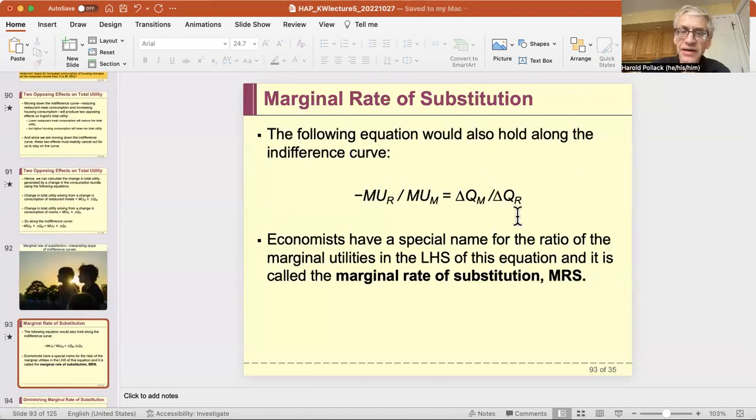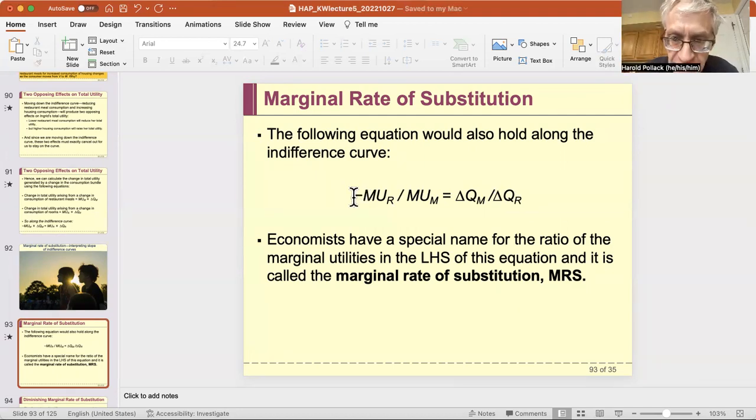So along the indifference curve, this is basically the slope of the indifference curve: the change in y over the change in x. It's given by the ratio of the marginal utilities. There's a minus sign. Why is there a minus sign there? Because the curve is sloping down.